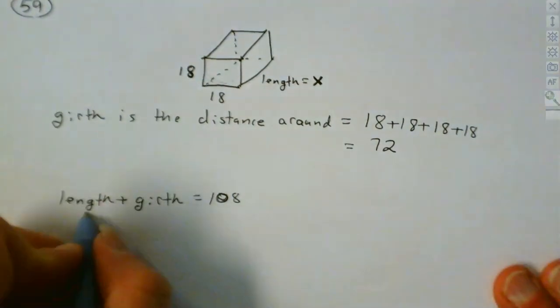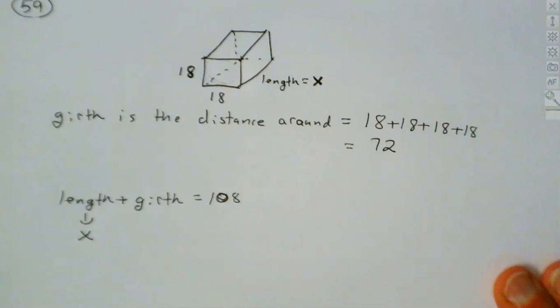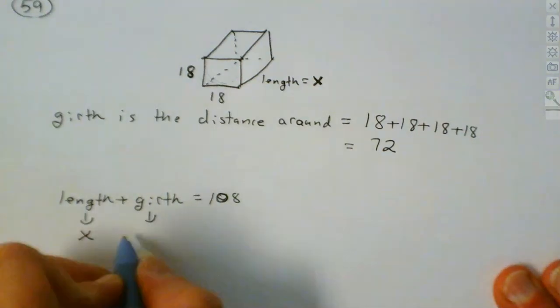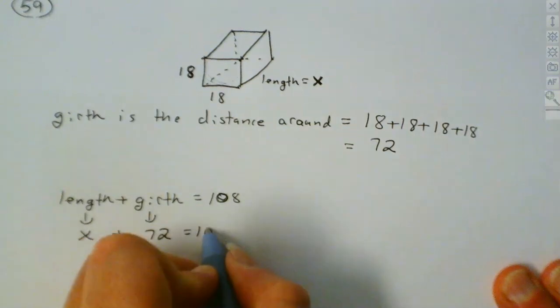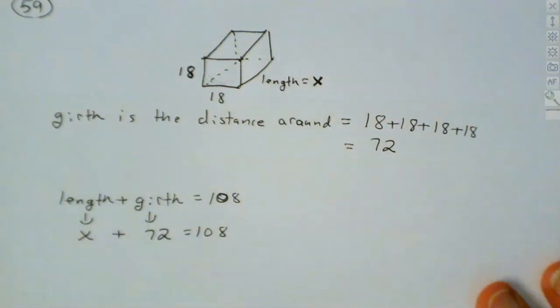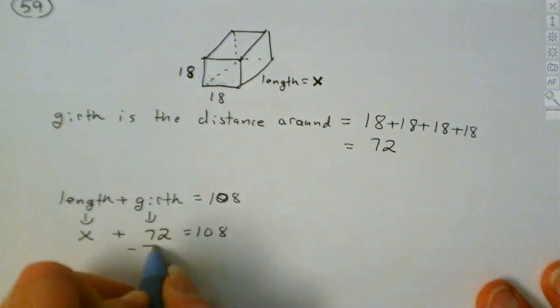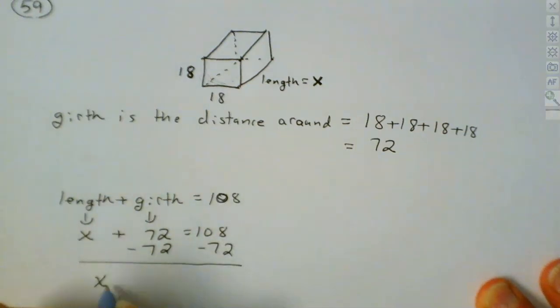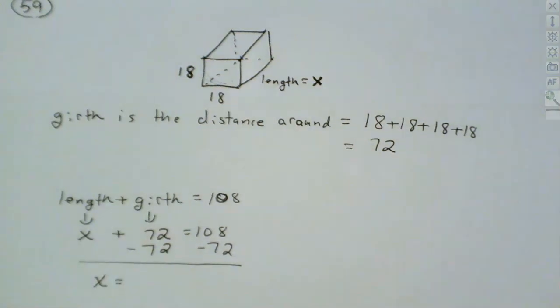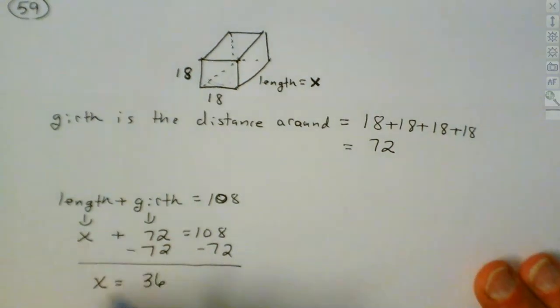Length was unknown, so that was our variable, x. We calculated our girth a moment ago, and our girth was 72, and that equals our 108. Now we can finish it, so we can move that 72 over. And now we've got our x, which is 108 minus our 72, and that is 36.